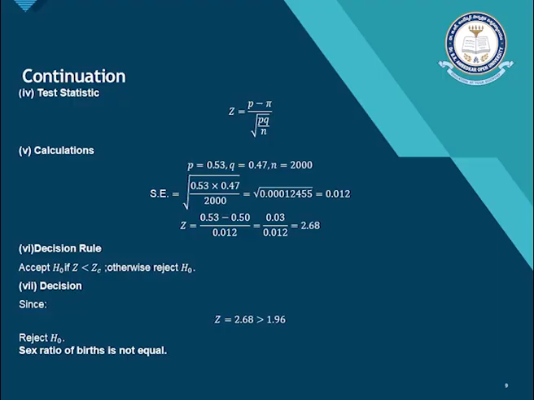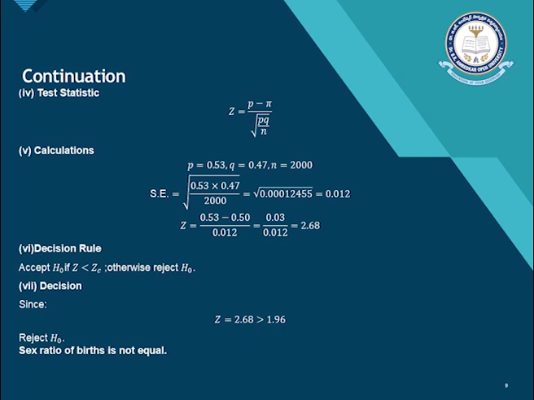Now, put it into the test. Z is P minus pi divided by the standard error, that is 0.53 minus 0.5, which is pi, the expected proportion, divided by the standard error 0.012, and if you calculate, you get 2.68 as the calculated value.